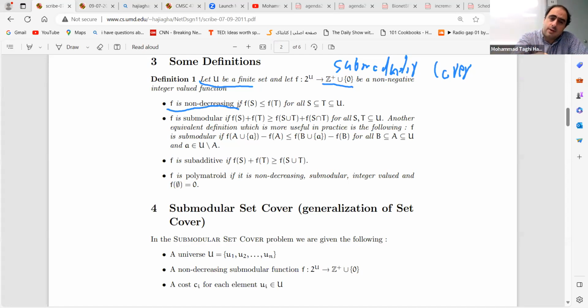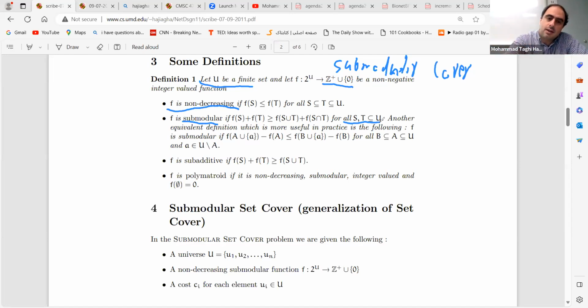The other one, which is very important, is submodular. So what is submodular? Essentially, it says that for any sets S and T, f of S plus f of T is greater than or equal to f of S union T plus f of S intersection T. This is for all S and T. This is an important thing for submodular.